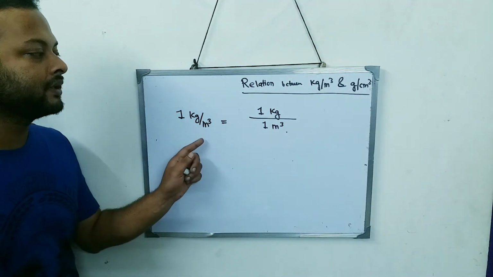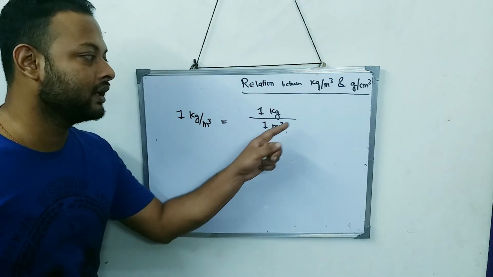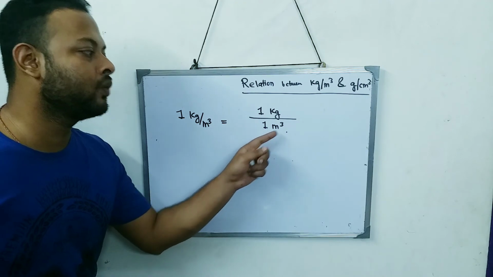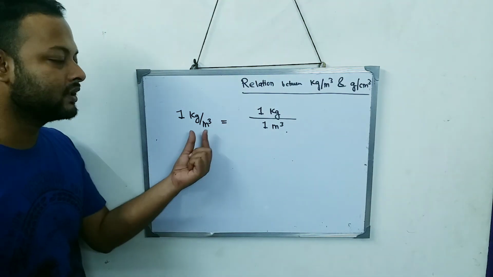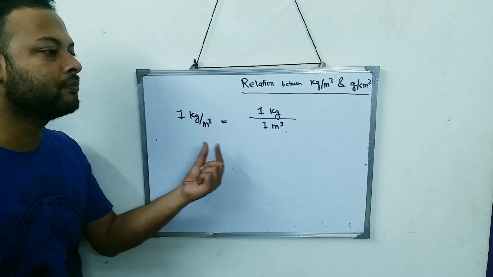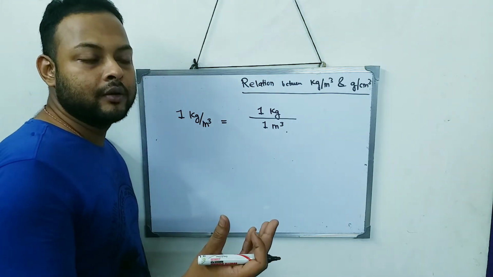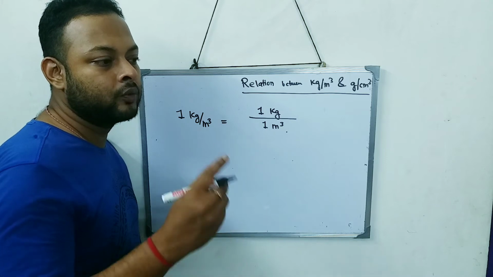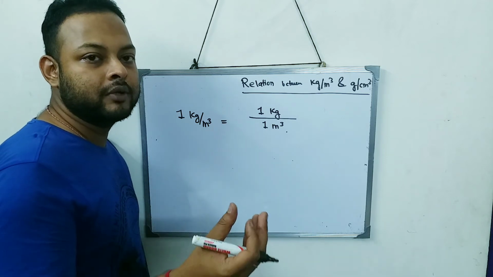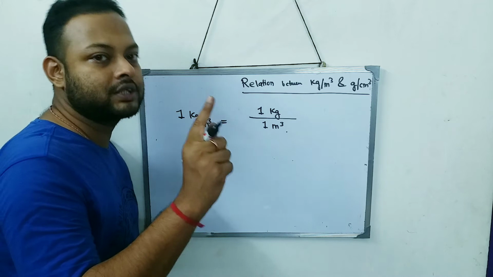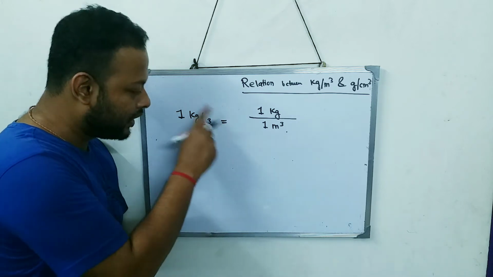If we say per meter cube, per means like per child. Suppose we say rupees 50 per child, it means rupees 50 for one child. That is how you see this thing.